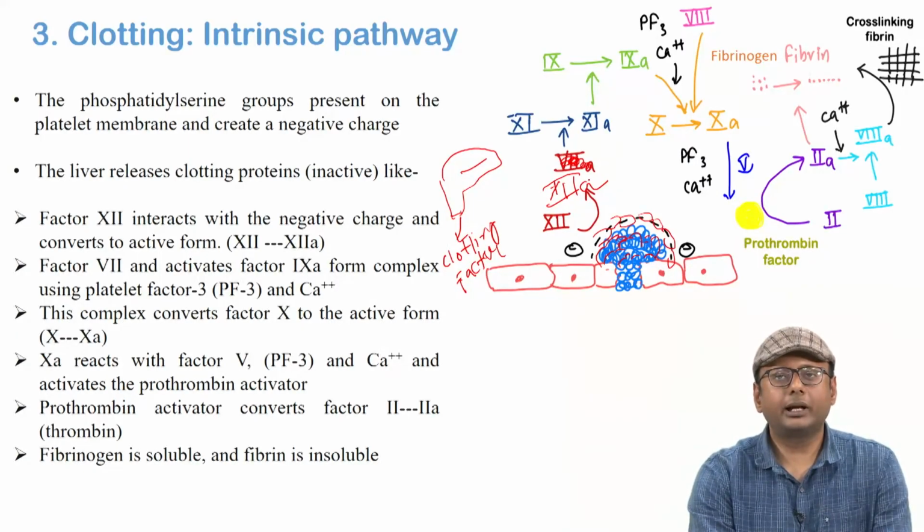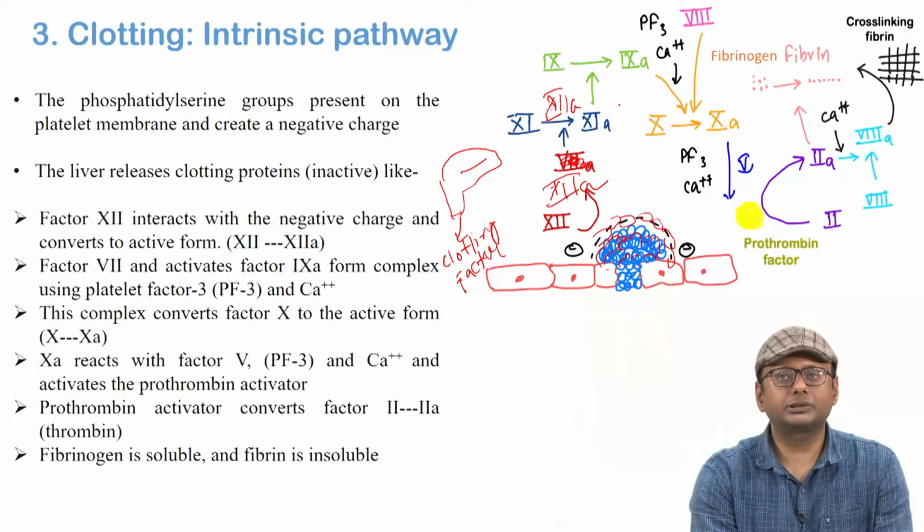Once the clotting factor 12A becomes activated, it stimulates clotting factor 11. So, here 12A promotes the activation of clotting factor 11 to 11A. So, this is a chain reaction.